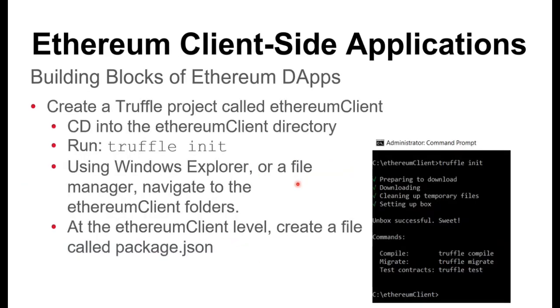To create a Truffle project, you run the command truffle init, and you can navigate through any explorer, any window. It doesn't have to be Windows Explorer. It could be any visual folder explorer or system explorer, and you will see the Truffle project. So we need to create a Truffle directory first. Then we run truffle init. You can see it right here, and it will build up a framework for our Truffle project.